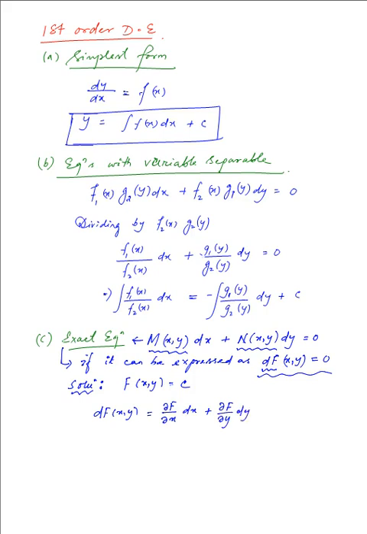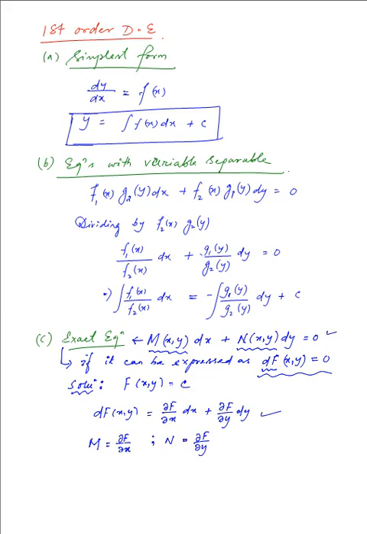And if we compare these two equations, on the right hand side there was 0, so this is going to have 0 as well. So if we compare these two equations, what we have is M equal to del f by del x and N equal to del f by del y.